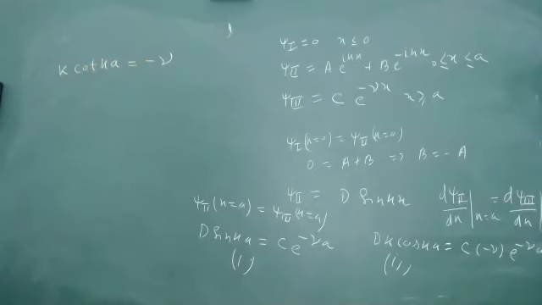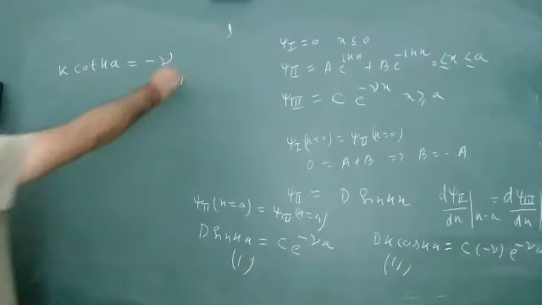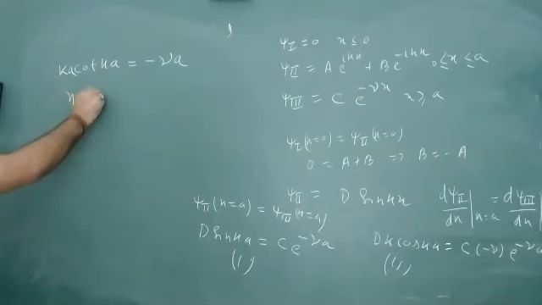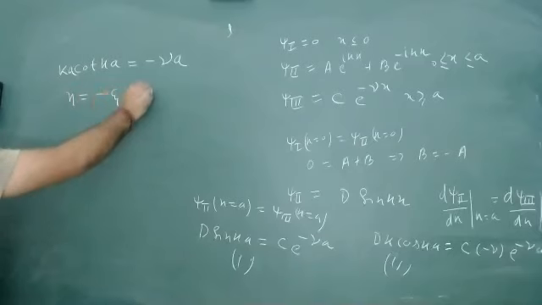What will be the next step? Make it dimensionless. Multiplying with what? A. Very good. So you will multiply with a, and now you can write eta is equal to minus xi cot xi.